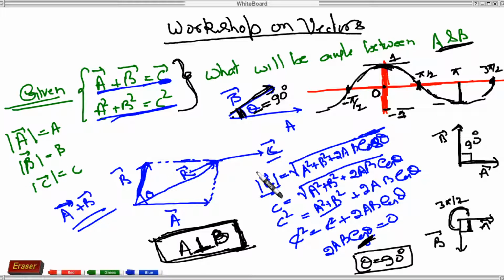And remember this cos theta graph. There is a sine graph also, but for the time being you should remember this one. When there is a need of the sine graph, we will discuss that also.